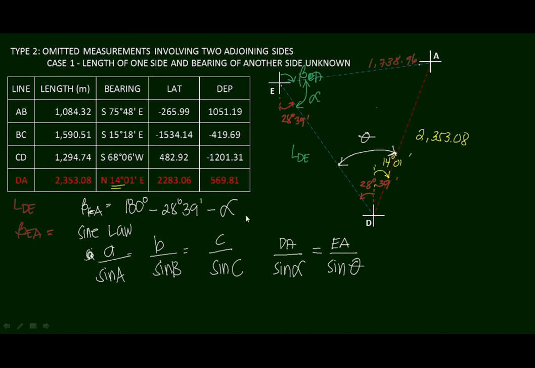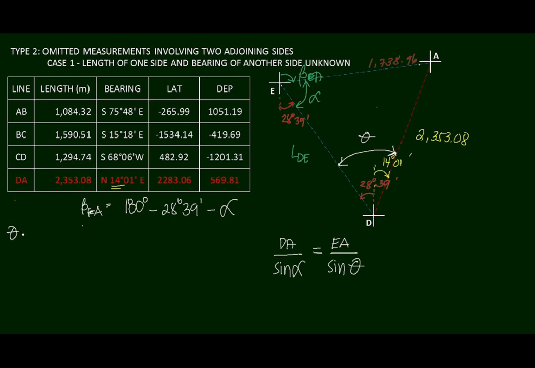So, let's solve first for the value of theta para magamit natin itong sine law na ito. Okay. So, how are we going to solve for the value of theta? Madali na lang siya kasi kapag titingnan natin dito sa may figure na to, theta is simply equal to 28 degrees, 39 minutes plus 14 degrees, 1 minute.